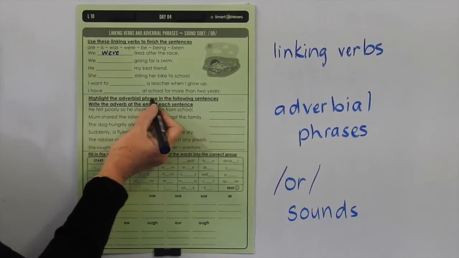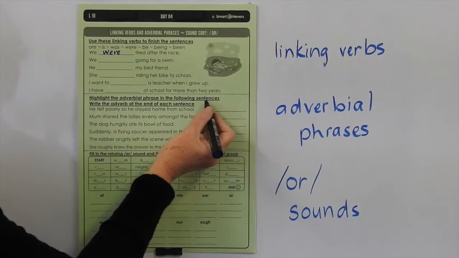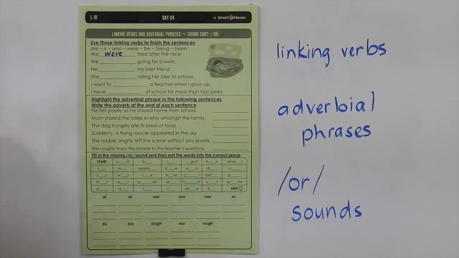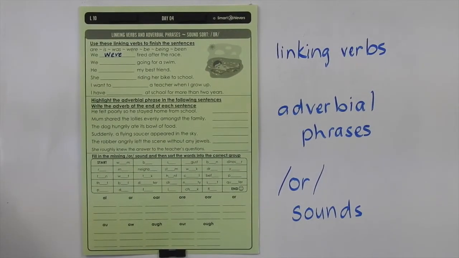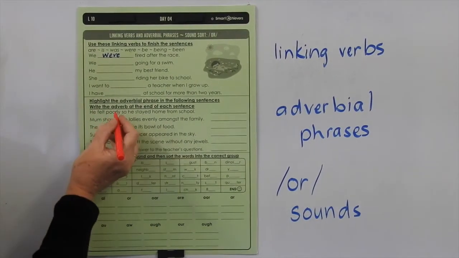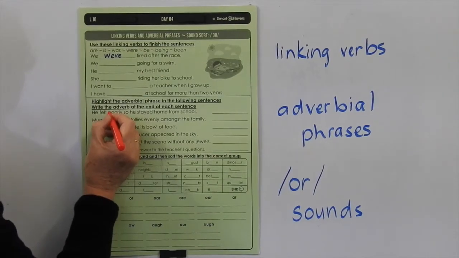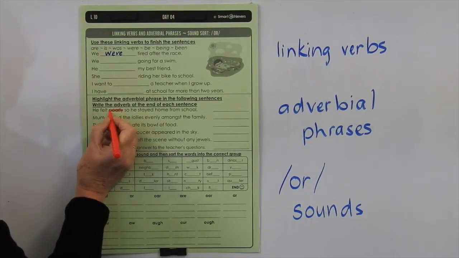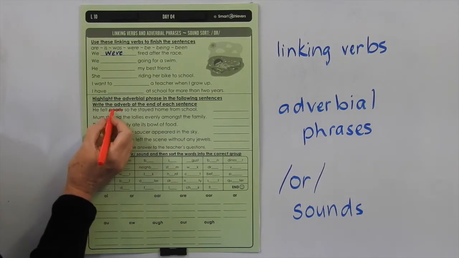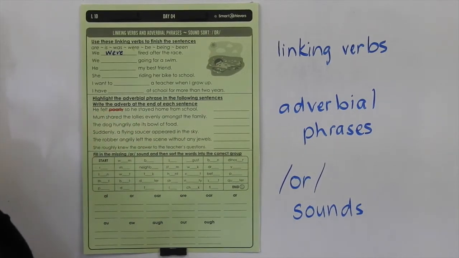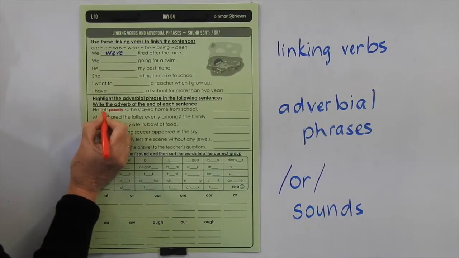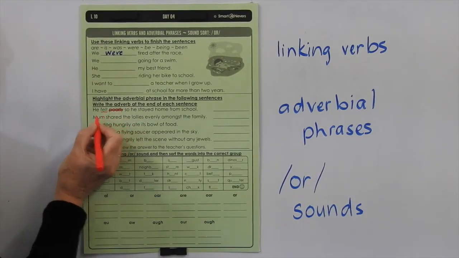Highlight the adverbial phrase in the following sentences. Write the adverb at the end of each sentence. So the sneaky thing to remember here is that an adverb frequently ends with ly, so that would be the adverb, and it's always describing a verb. It's used to add to a verb. So felt would be the verb.